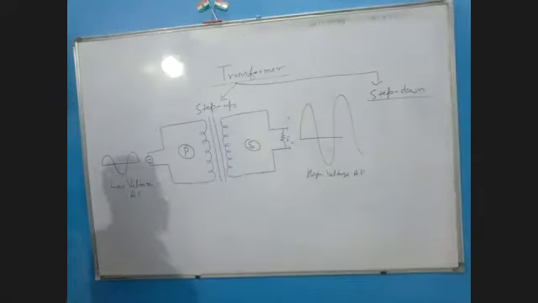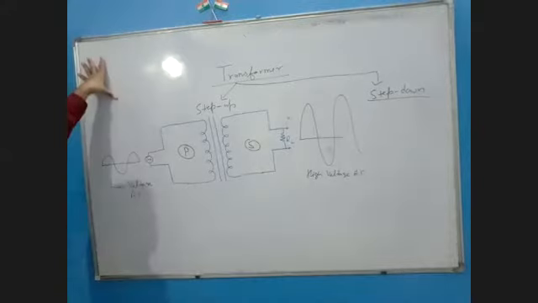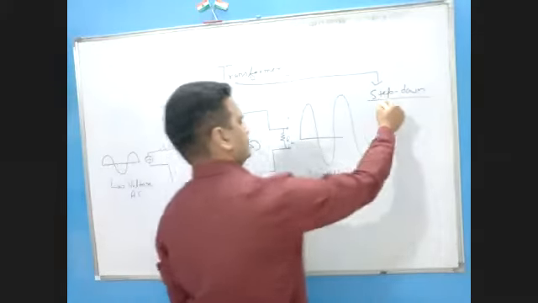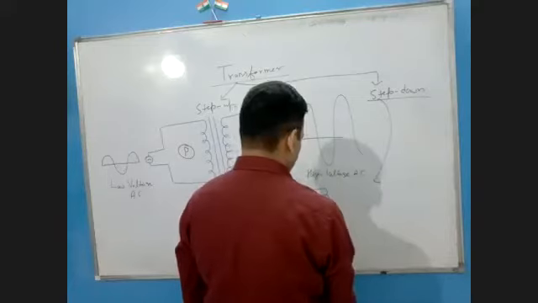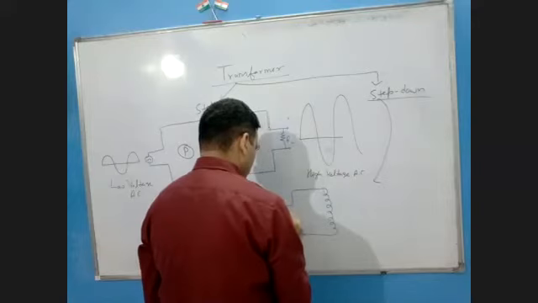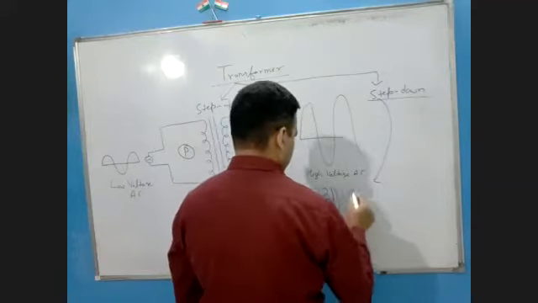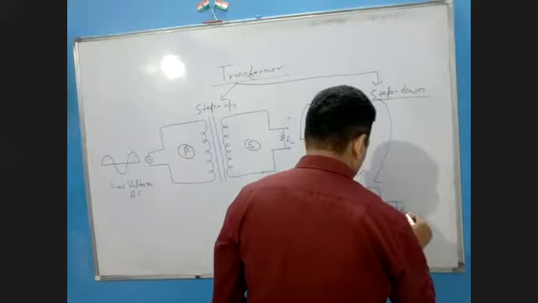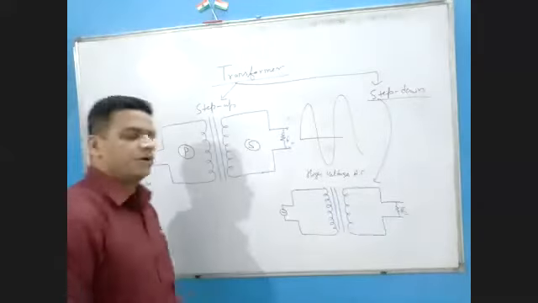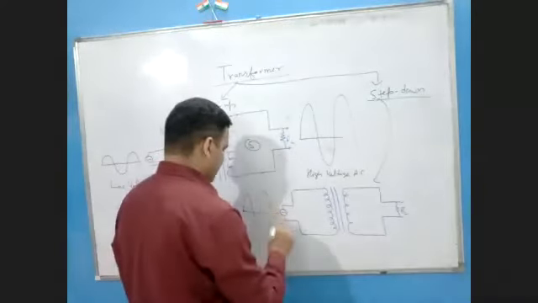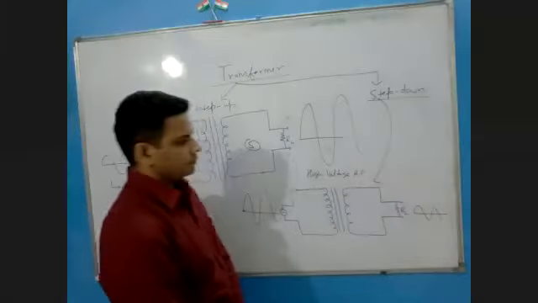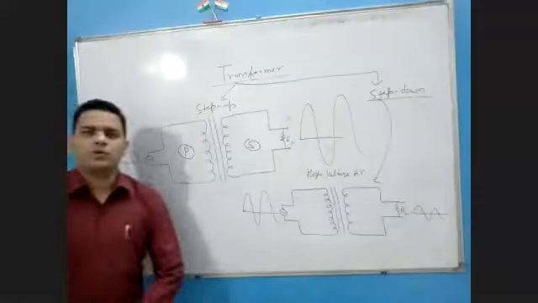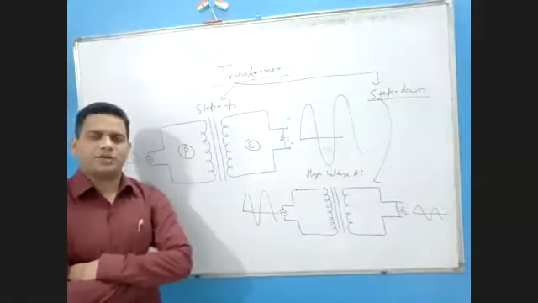Step up acts in this way: it converts low voltage AC into high voltage AC, and the step down transformer converts high voltage AC into low voltage AC. So the transformer is of two types: step up transformer and step down transformer.